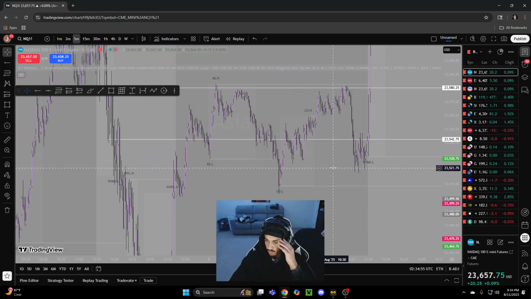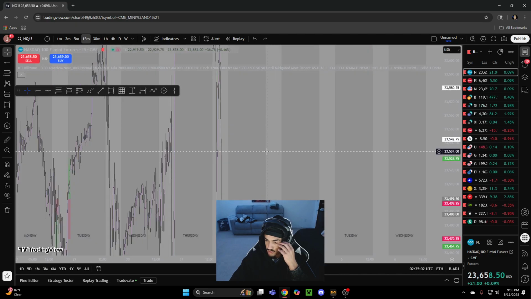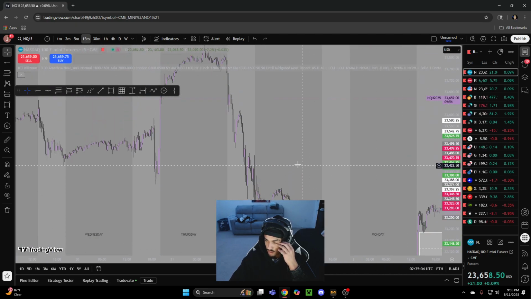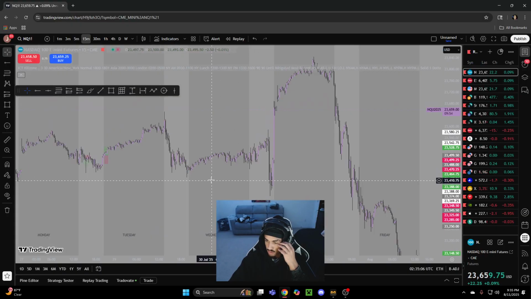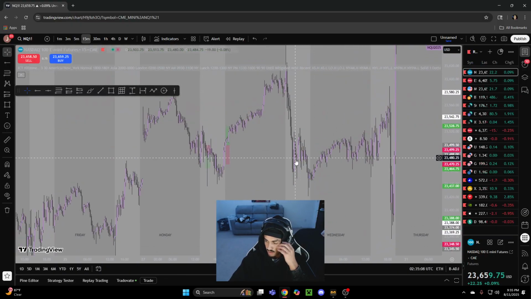Okay, so yeah, this will be a liquidity sweep here. It's better to see on the higher time frame, but you'll see what I mean. Okay, so look, this was a liquidity sweep where it just wicks out the bottom of the low.